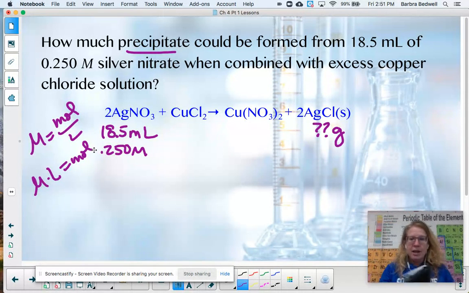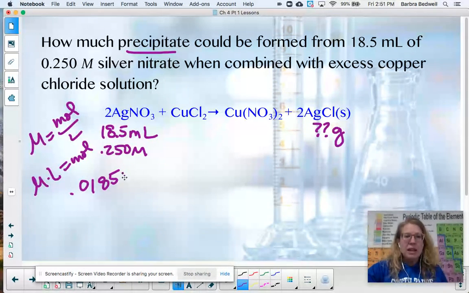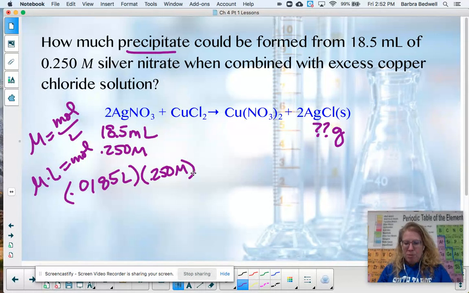So handy dandy calculator, we would take, clear it out, we would do 18.5, move it over 3 decimal places, 0.0185 liters of solution times 0.250 molar solution will give me my moles. 0.0185 times 0.250 gives me a value of 0.004625 is my number of moles.